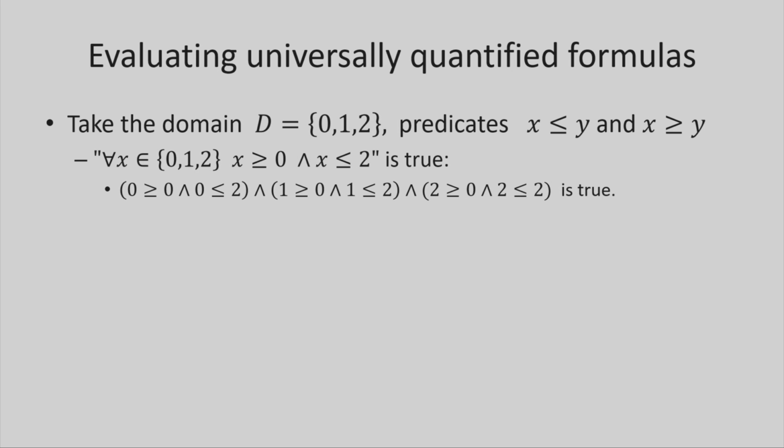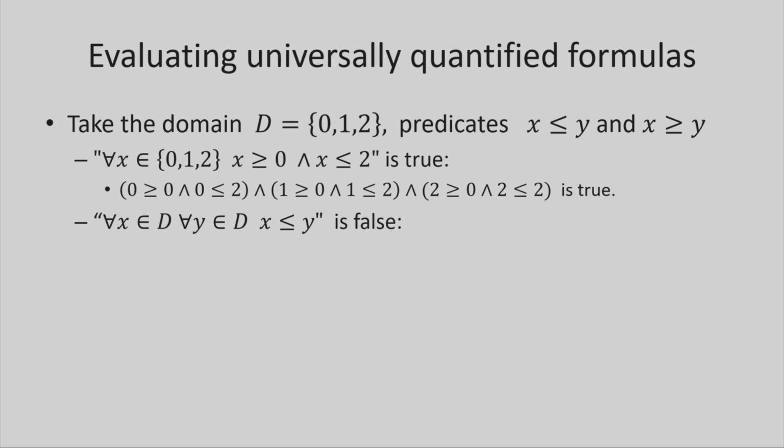The second part is when we set x to be 1, 1 greater than or equal to 0 and 1 less than or equal to 2. And finally, 2 greater than or equal to 0 and 2 less than or equal to 2. All of them are true, so the whole formula is true. And therefore, the original formula, which says for every x out of 0, 1, and 2, this expression is true, that's also true.